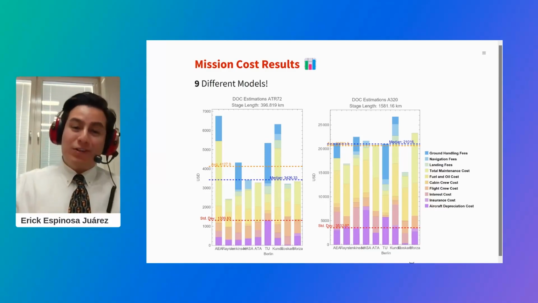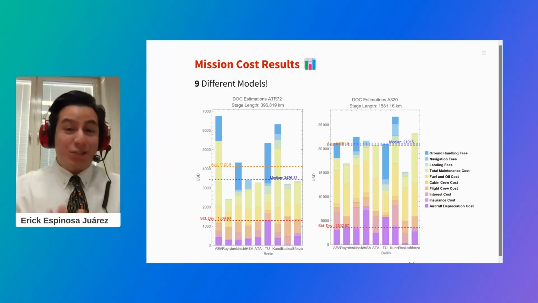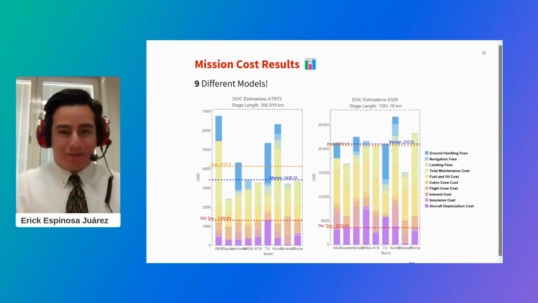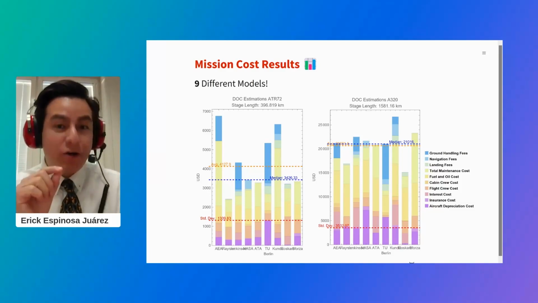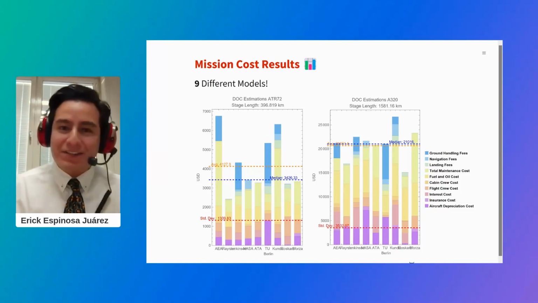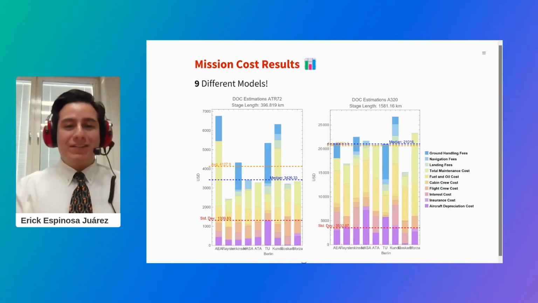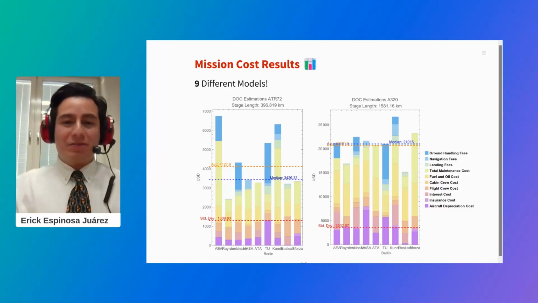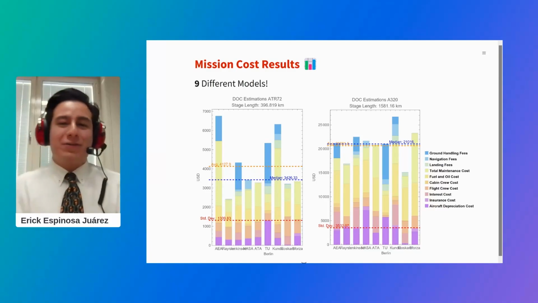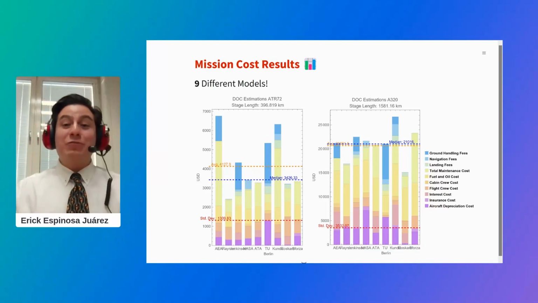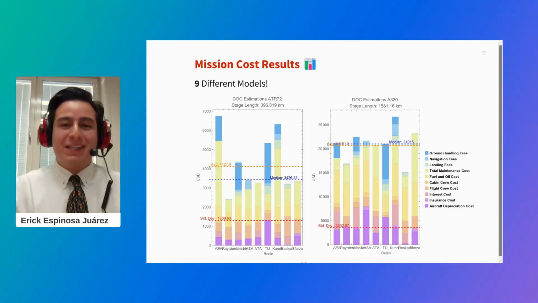We can see on the left that for the small airplane and the short distance, there is a huge disagreement between models. We can already see from the first one and the second one that there is a huge difference, not only in the estimation of the total cost, but also in the things that each model considers as a direct operating cost. Once you feed in the results of the mission, you get the estimation of 9 different models for the total operating cost, and we can see how much they differ between themselves.